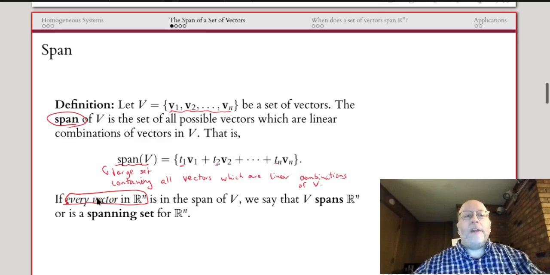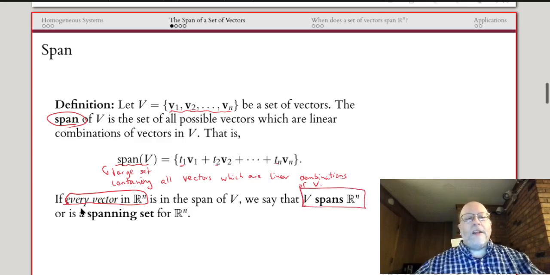And if it does, if it contains every vector, we say that the set V spans Rn. Or we might say that it is a spanning set for Rn. It's just a different way of saying that.